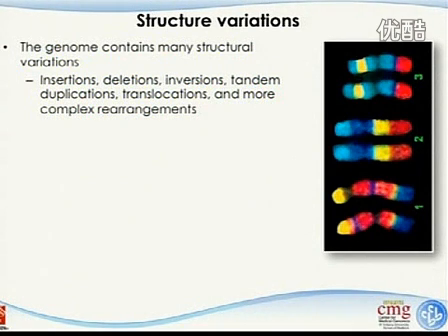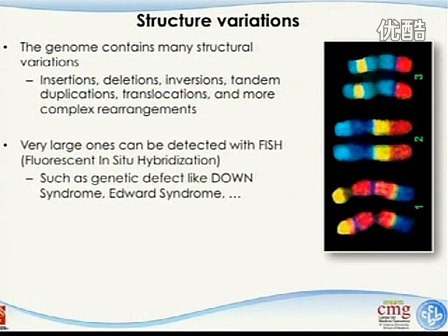So the genome contains many structure variations, including insertions, deletions, inversions, tandem duplications, translocations, and a lot of other types of rearrangement. We don't even know the name, right? There's no name for that. It's just too complicated. And studying these structure variations is really a big problem, because since we don't know where they are, there's no way we can design arrays to target them, so it wasn't really possible.